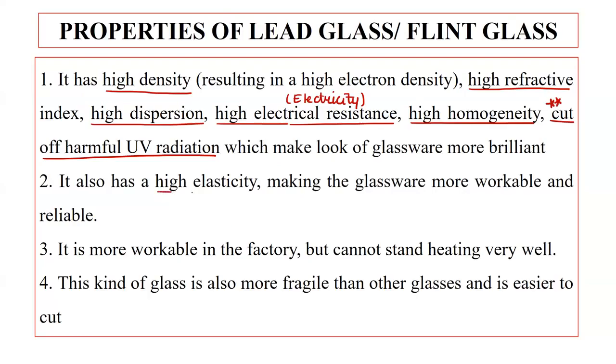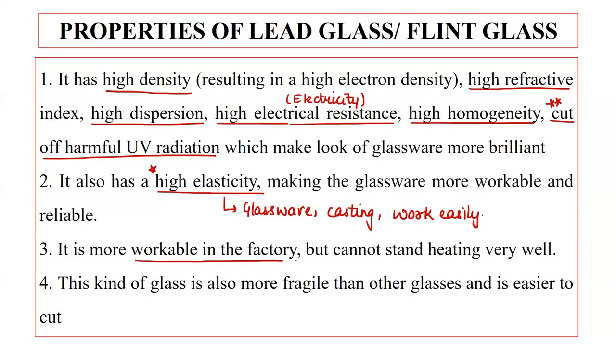This glass is very elastic in nature, and due to this we can make glasswares and castings, and we can work easily at workplaces. Due to its elasticity, it is more workable in the factory. Why?